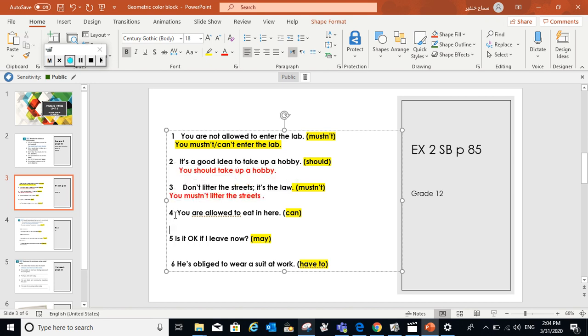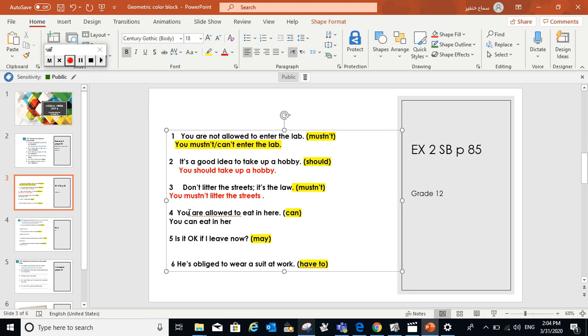You are not allowed to eat in here. So to be allowed can be replaced with the modal verb can. So you can eat. You can do what? Eat in here.